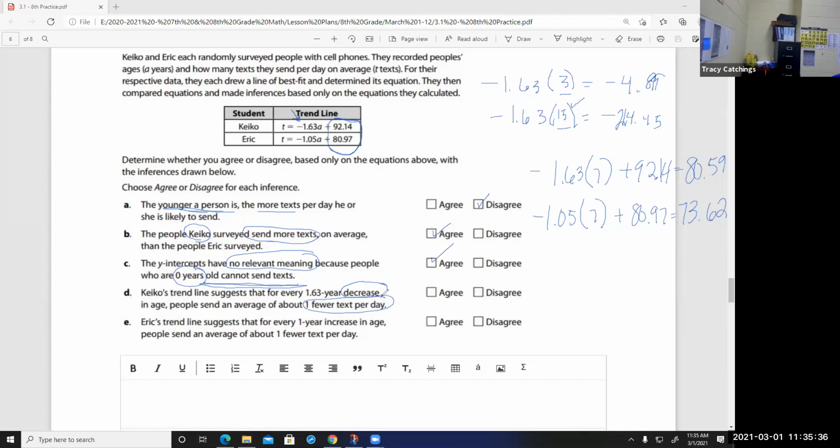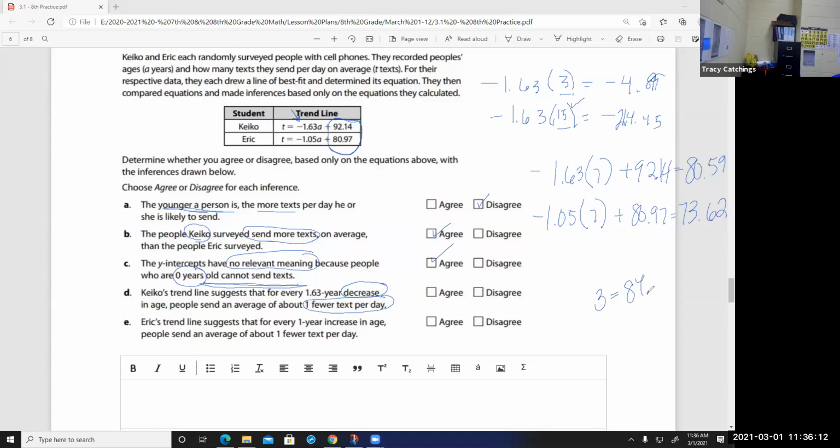All right, let's go back up here. We did 1.63 times 3, add 92.14 to that. Negative 4.89 and add 92.14. So it should be negative. 80 what?